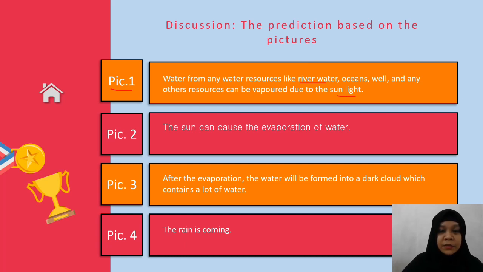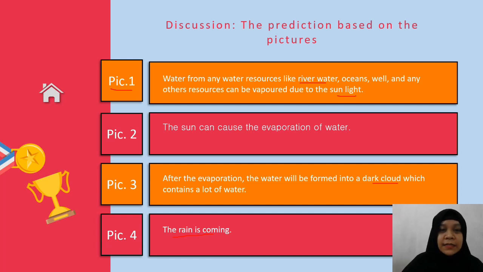And then picture 2, the sun can cause the evaporation of water. And then picture 3, after the evaporation, the water will form into a dark cloud which contains a lot of water. And then picture 4, the rain is coming.